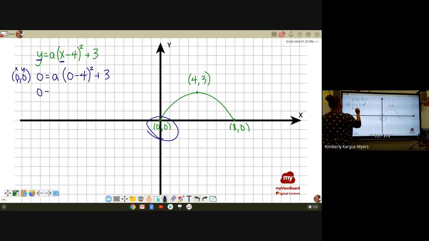Simplify. Simplify again. Now solve. Subtract the 3 over. Okay, divide.